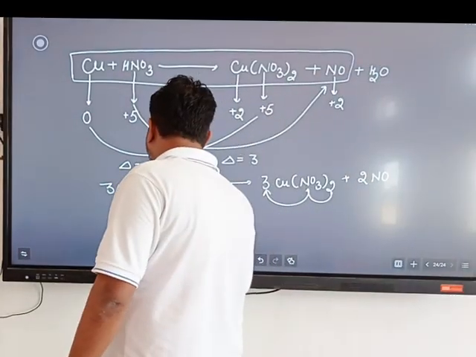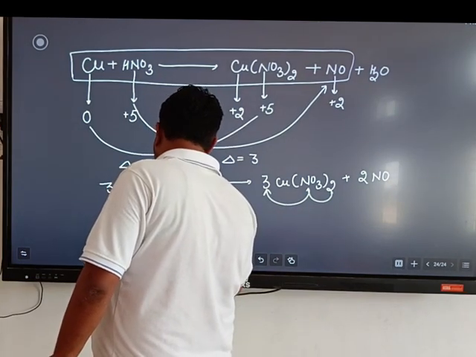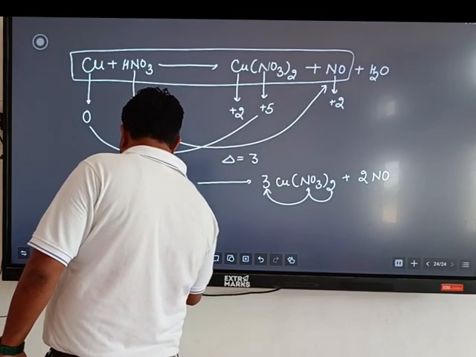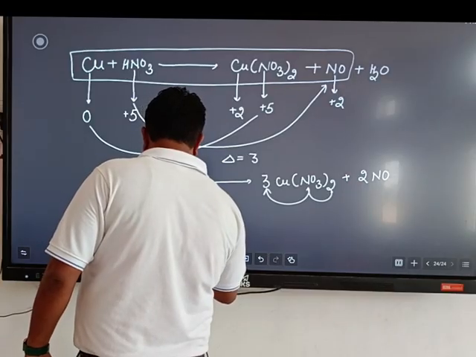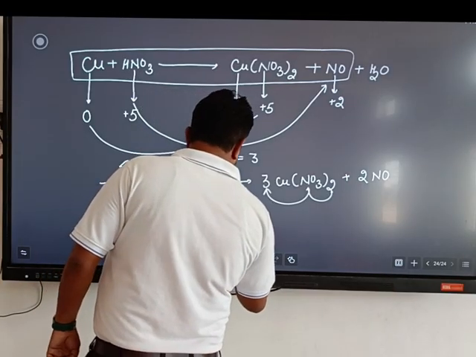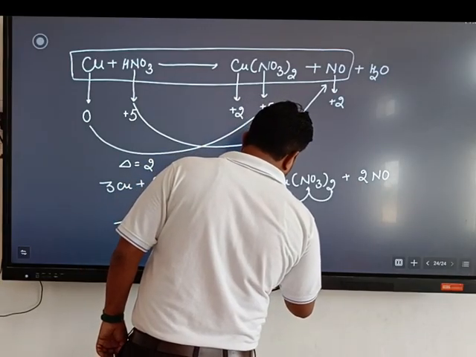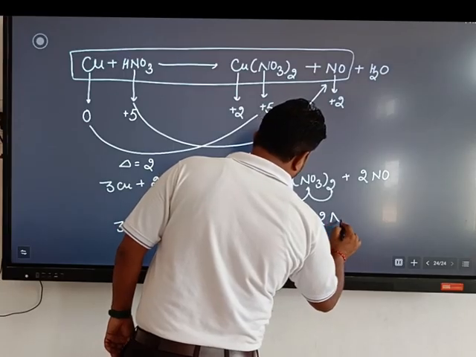So we have to add 6 more nitric acid on the reactant side. So after the addition, the final reaction is 3 copper plus 8 times of nitric acid, this will give 3 times of cupric nitrate plus 2 times of NO.